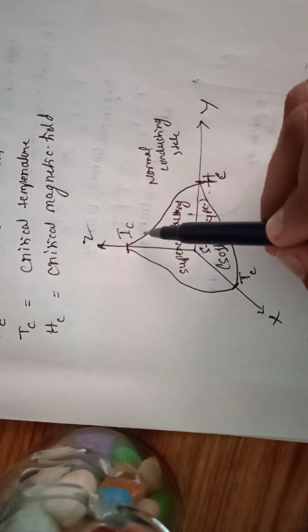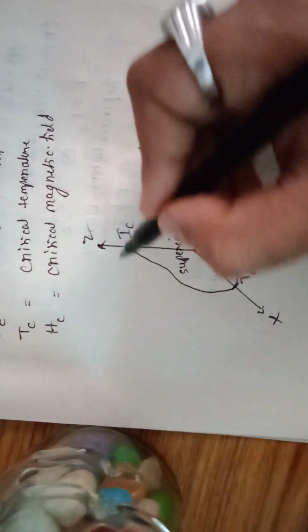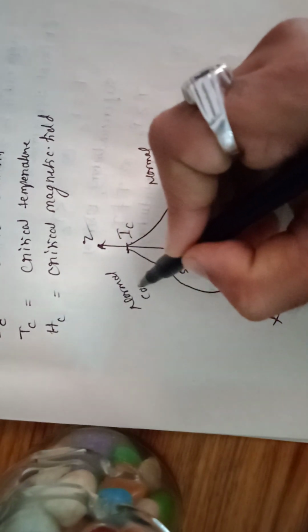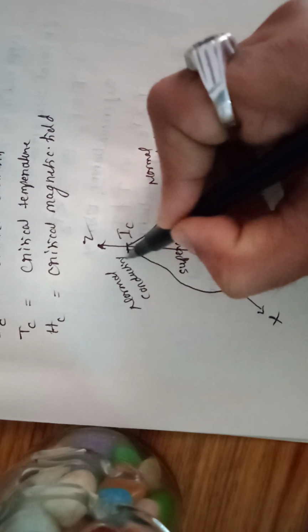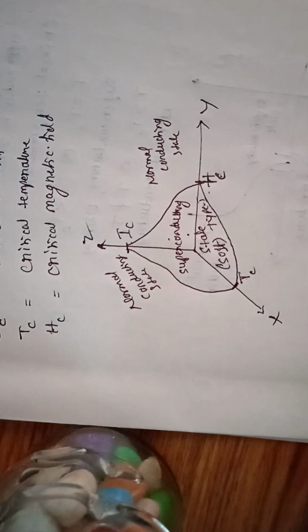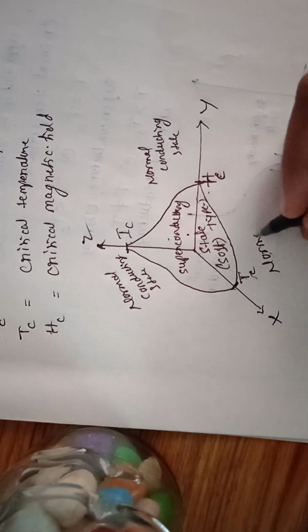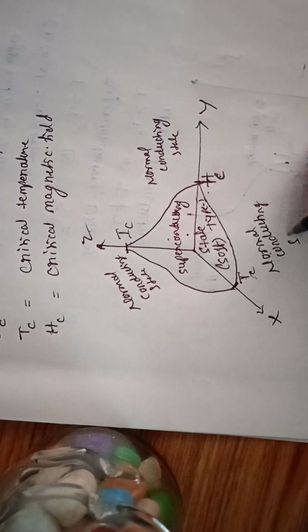Therefore there is no critical current, there will be a normal current, because of the normal conducting state. And if you increase the temperature of the system greater than the critical temperature, again the material becomes a normal conducting state. So within this region only the material behaves like a superconducting state.